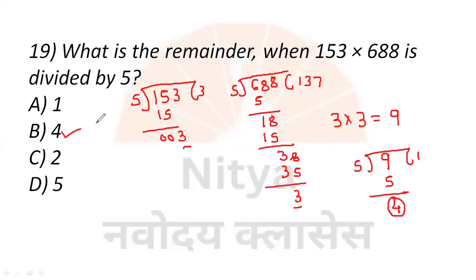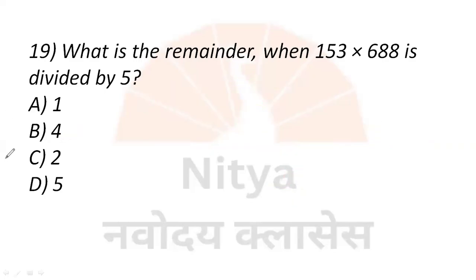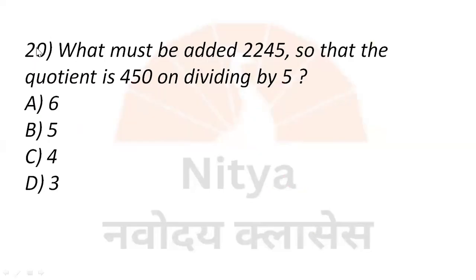Okay. The next question is, what must be added to 2245 so that the quotient is 450 on dividing by 5?